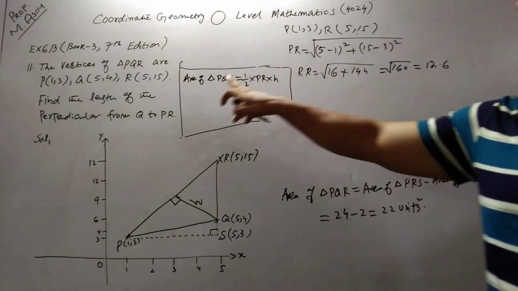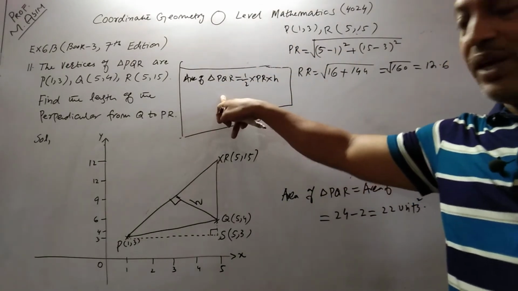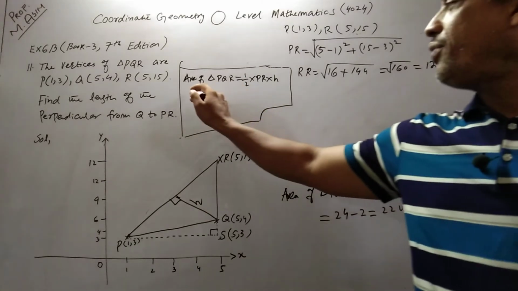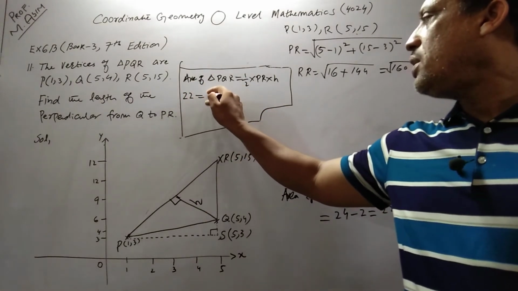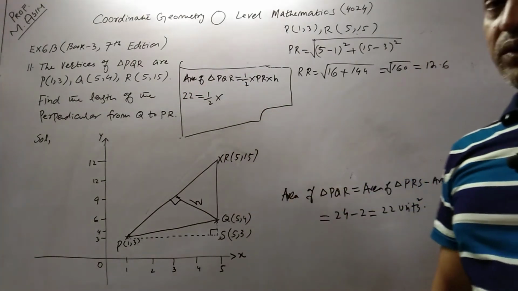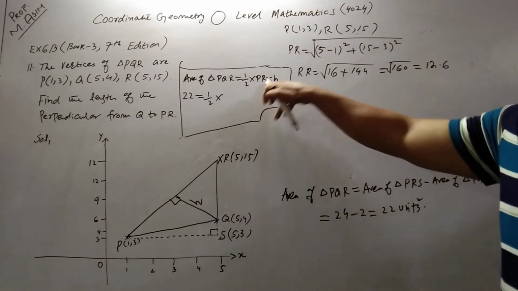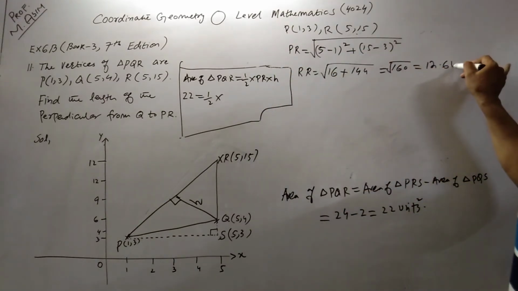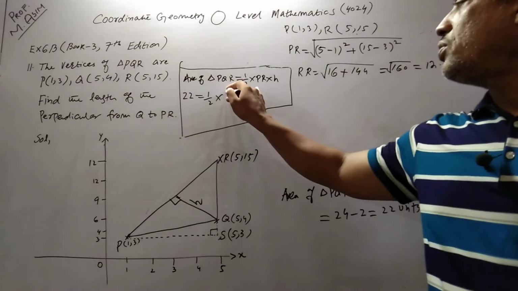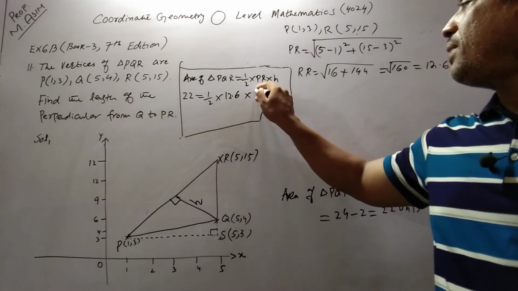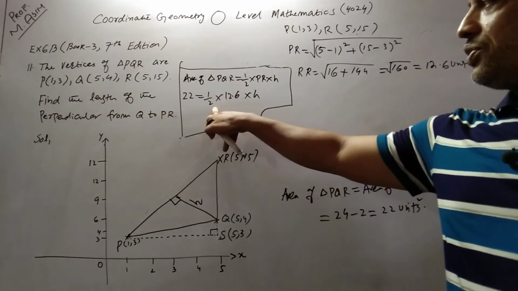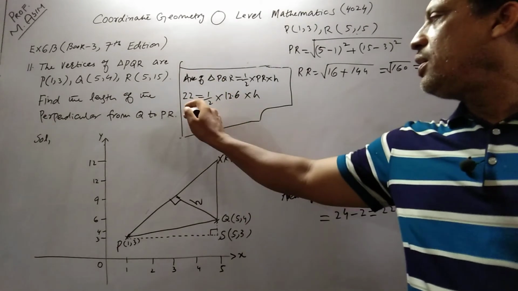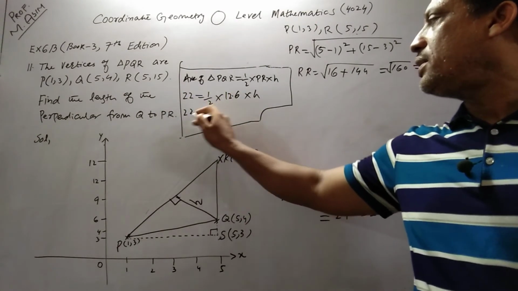Now come to this formula, area of triangle PQR we have already found, 22, is equal to 1 upon 2 into PR. What is the value of PR? We just found 12.6 units. So 12.6 multiplied by height. This 2 is divided over here, so it should multiply on the other side.